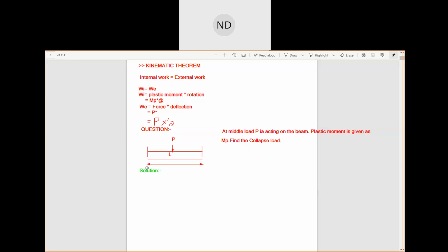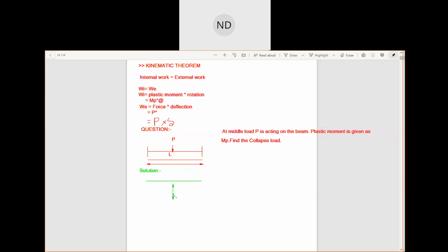So we have this figure here. This is your beam, and this is your point load here at the center. Here we will have a deflection at the point load.